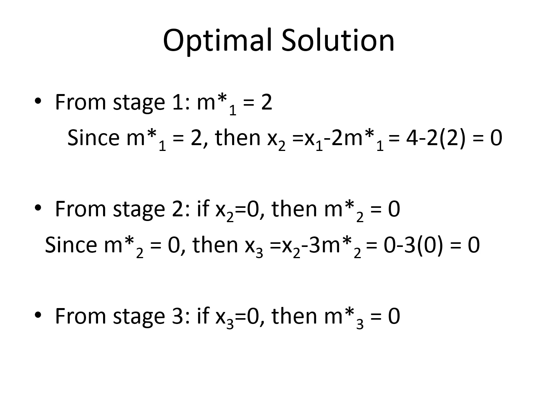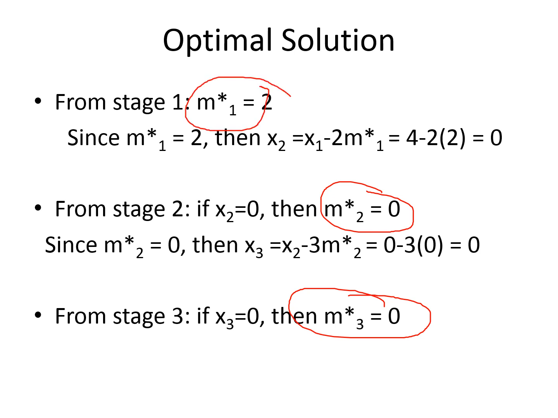Then I look at the first table in the backward recursion and I see that when x3 is 0, then M3 star is also 0. So the answer is 0 for M3, 0 for M2, and only pick 2 of this type, M1.